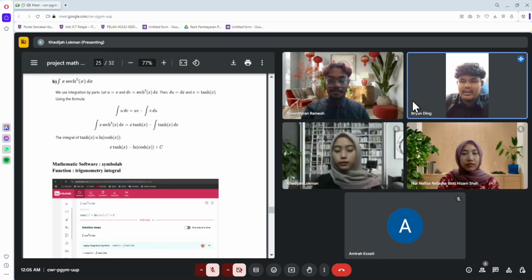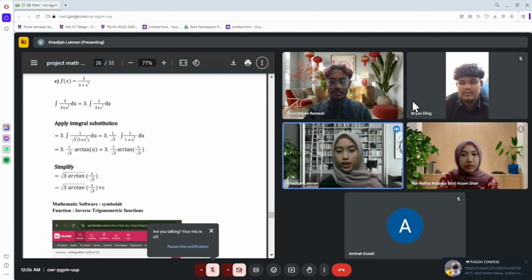After we get the answer, we need to apply the formula. The formula is integral of tanh x dx equal to ln cosh x. So after we use the formula, the answer we will get is x tanh x minus ln cosh x plus c. As you can see, we use Symbolab as well. We will get the same answer.